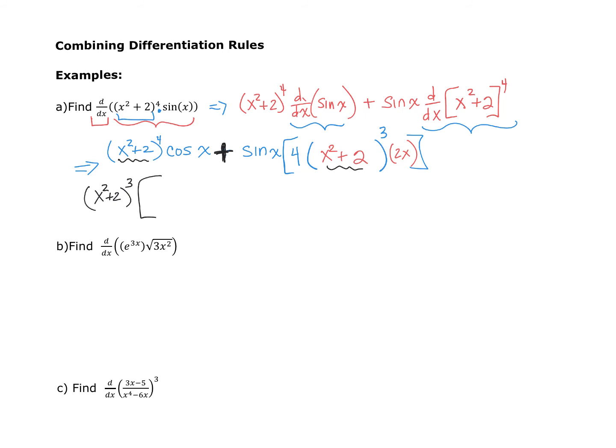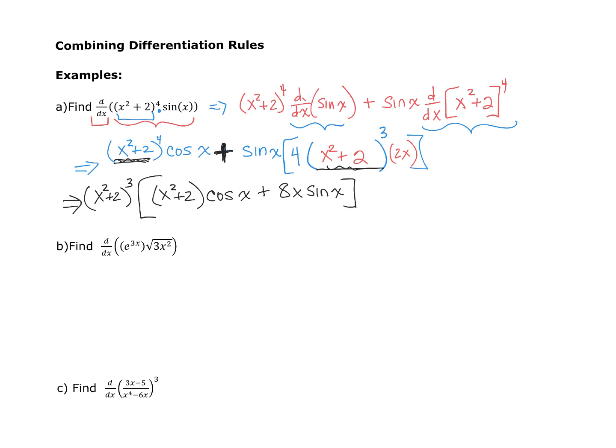That's going to leave me with, because I'm only taking 3 out here, an x squared plus 2 times cosine of x plus, I'm going to remove all of these, so we get 8x sine x. So I often get asked, how do you know you're supposed to do that? The context of what you're doing will let you know that you will need to factor something. So we just like to practice as we go.